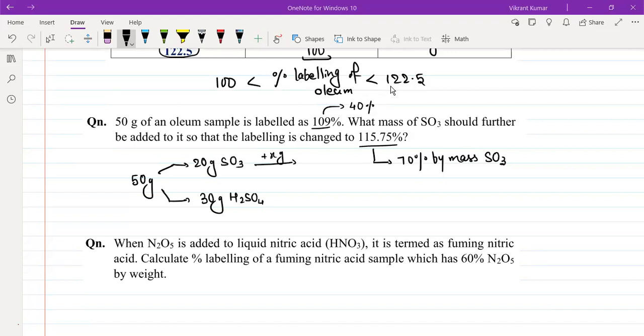Mass of H2SO4. It was remaining 30 gram, na? Initially SO3 का percentage कितना था? 40%. So the remaining 60% was H2SO4.